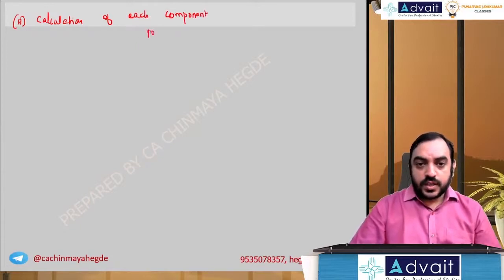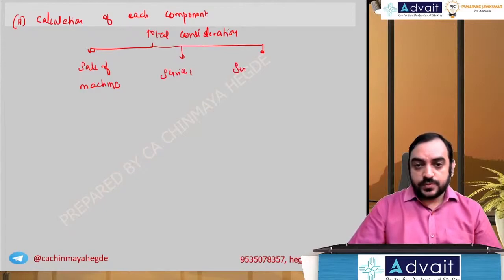So total consideration or total transaction price. This is going to be divided into sale of Model Pi, sale of machine. Then you will have a service 1, you will have a service 2, and then you will have interest component.